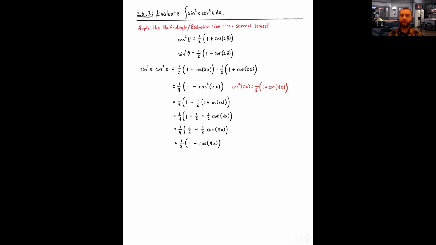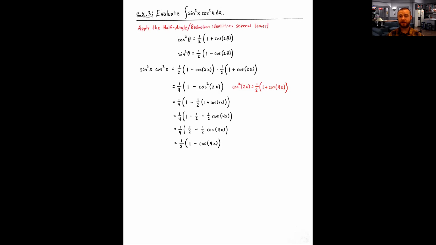So if you're careful with that, inside the parentheses, right next to the identity in red, we replace cosine squared of 2x with its rewritten version using the reduction identity again. Just be careful with parentheses. If you distribute that negative 1/2 through there, still within the larger parentheses, we have 1 minus 1/2 minus 1/2 cosine of 4x.